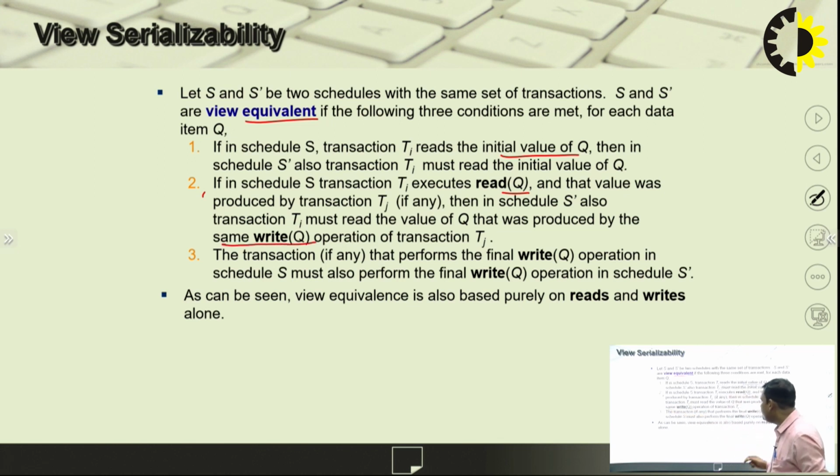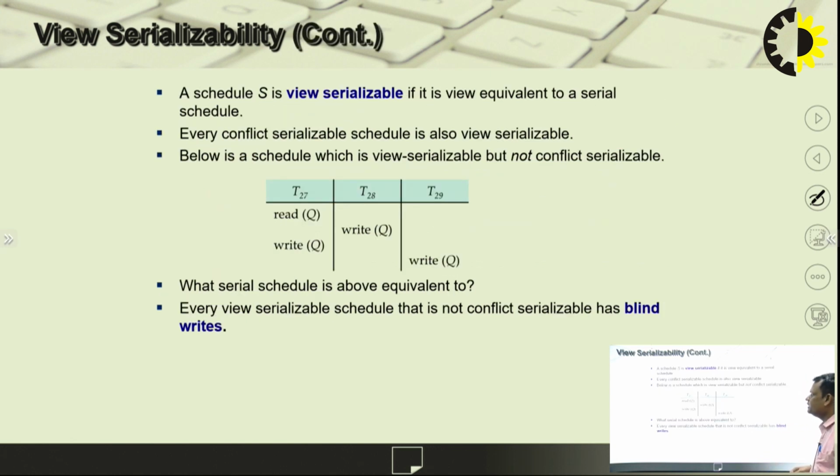The intermediate instruction is a write operation, and the third condition is that the final write operation is performed on the same data item. Basically, these three conditions make a schedule view serializable.